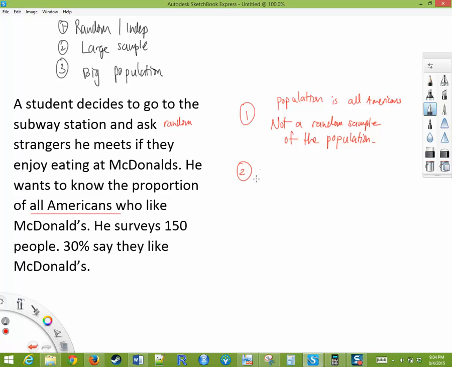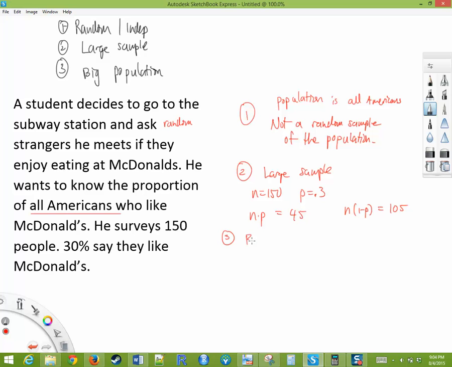Okay, large sample, is that met? Yes, that's met. Okay, n is 150, p is 0.3. So n times p is going to be 45. n times 1 minus p is going to be 105. You can check the calculator.